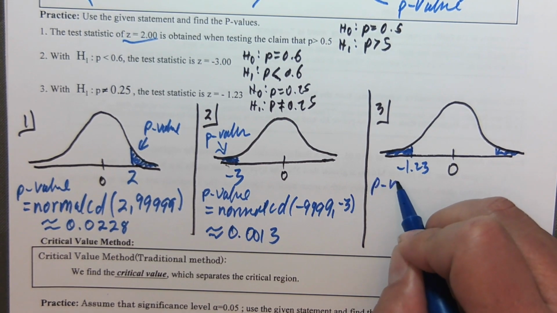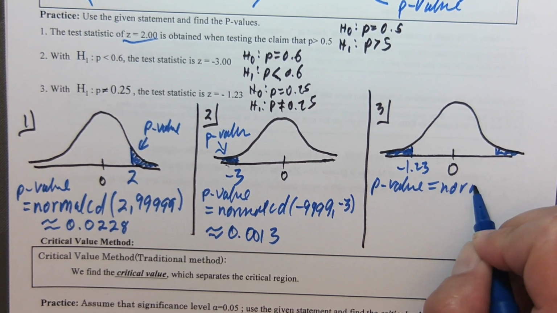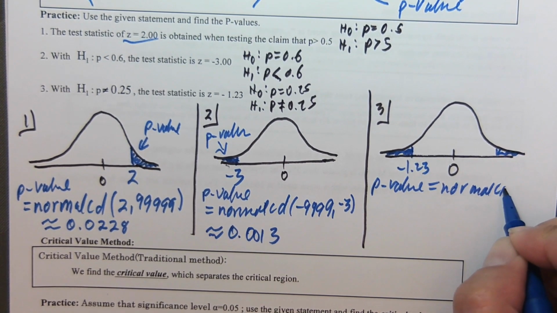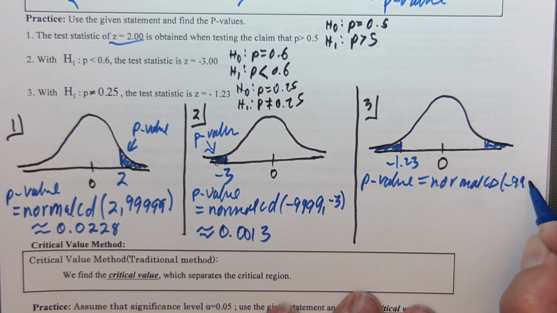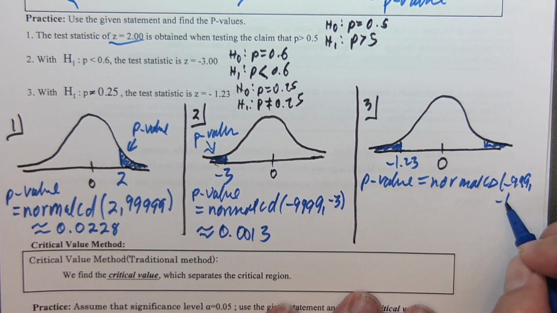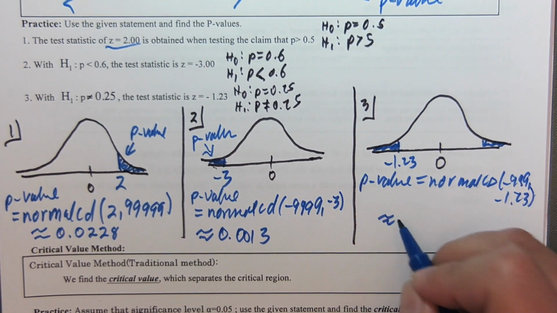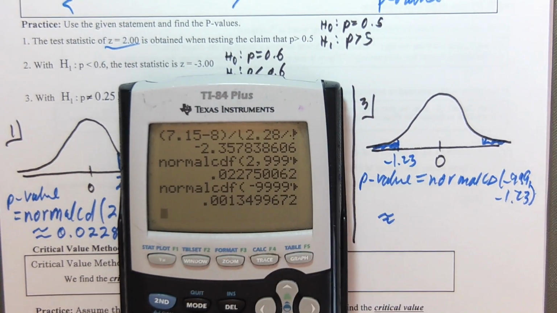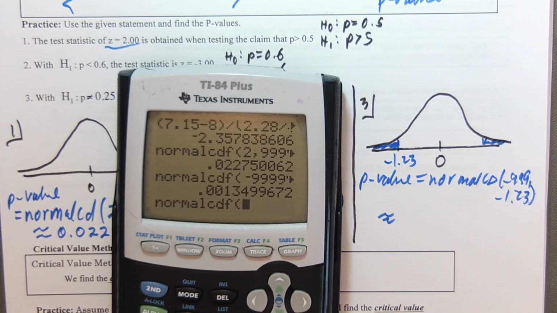So the p-value, this is going to be negative 99999, comma, negative 1.23.